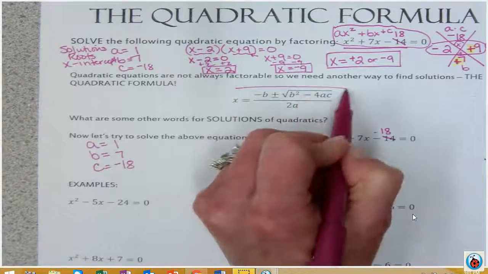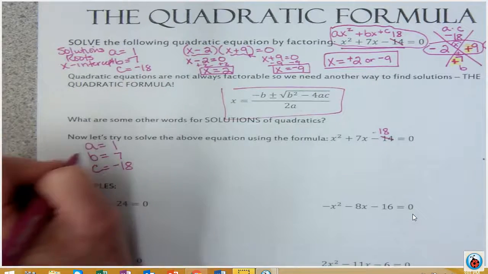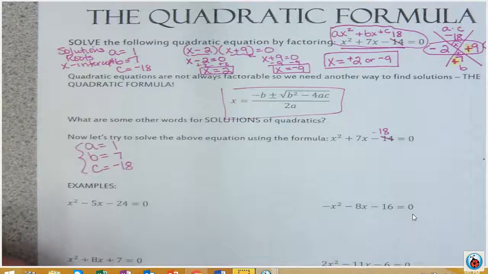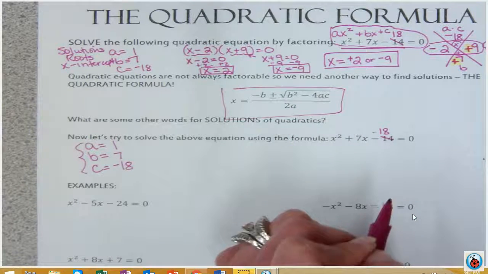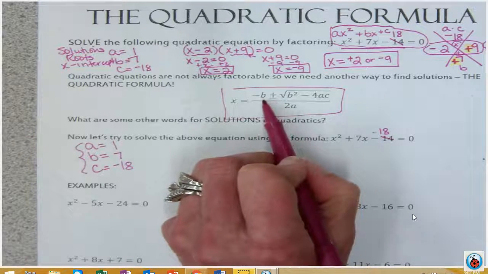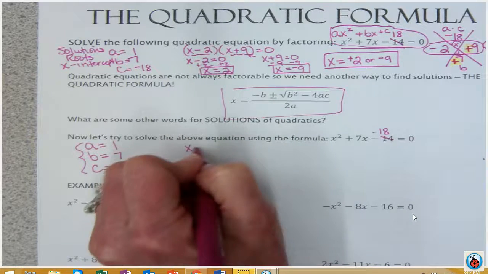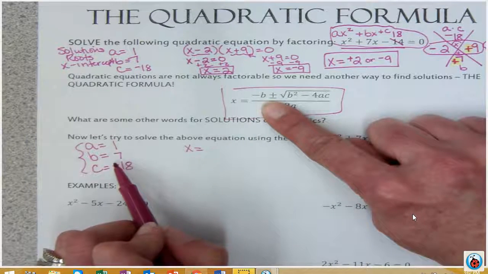But now I'm basically going to take this formula and plug in the values in this equation into this formula. So for my B, I'm going to have x equals, B is 7.